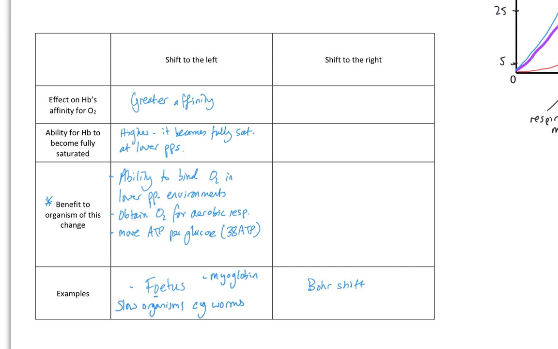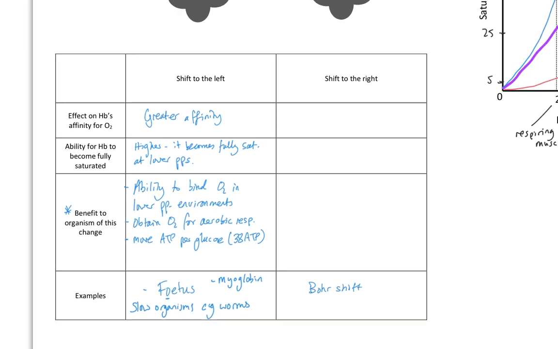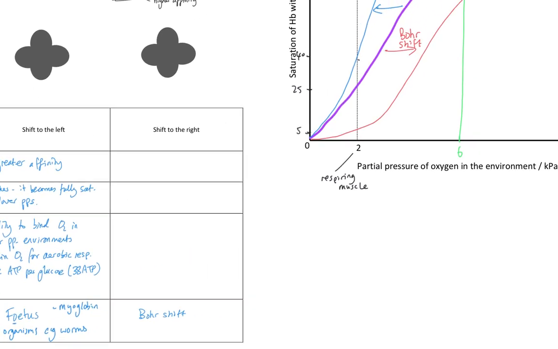It will only release its oxygen in absolute dire circumstances. When you do muscles on the side of the course that I don't teach, you will learn about myoglobin then, and its role: it's found in a certain kind of muscle cell that is red in colour, and therefore really good at staying aerobic.